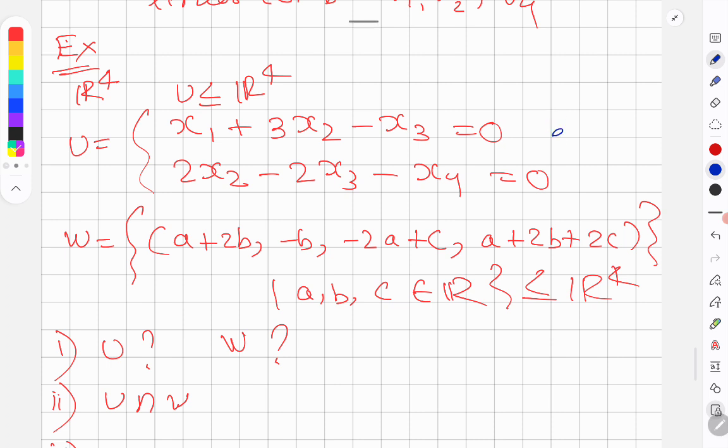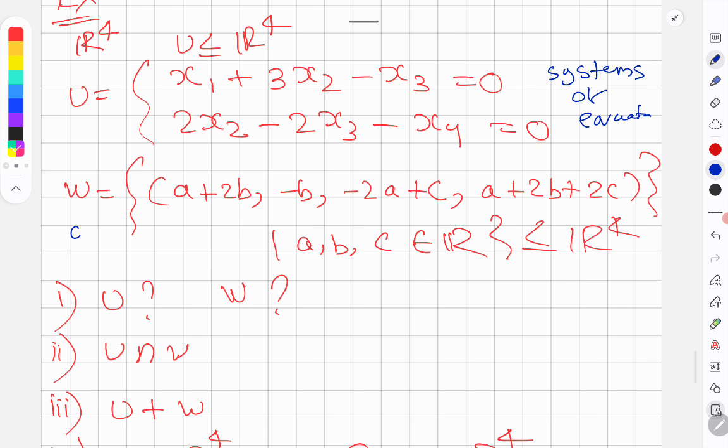We have one vector space where the system of equations is given to you. Then you have a general point. Here it is not an equation, it's a general point of a vector space.